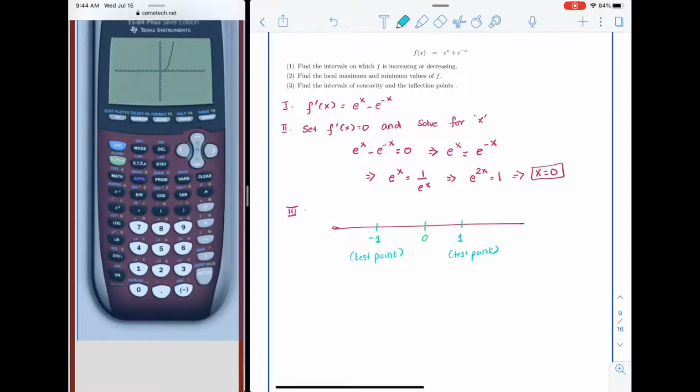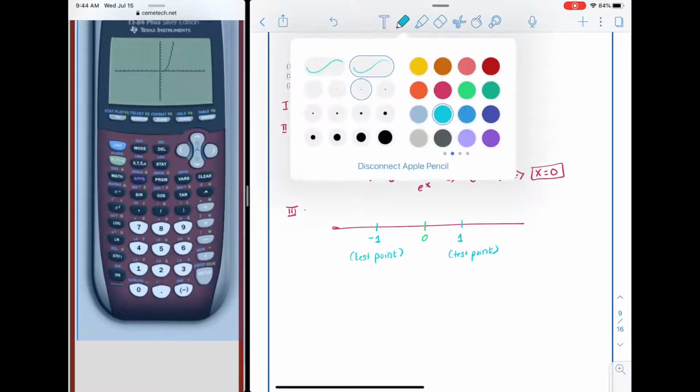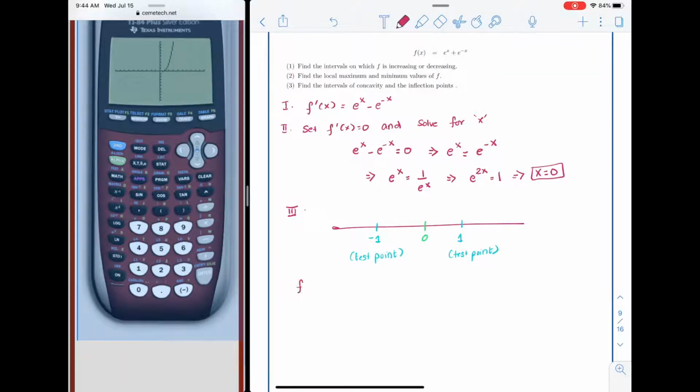And plug it in the derivative, not the original function. So f prime of negative 1 is e raised negative 1 minus e raised negative of negative 1, e raised negative 1 minus e raised positive 1, which is simply e. So I end up getting a negative number. So we have a negative value on that interval.